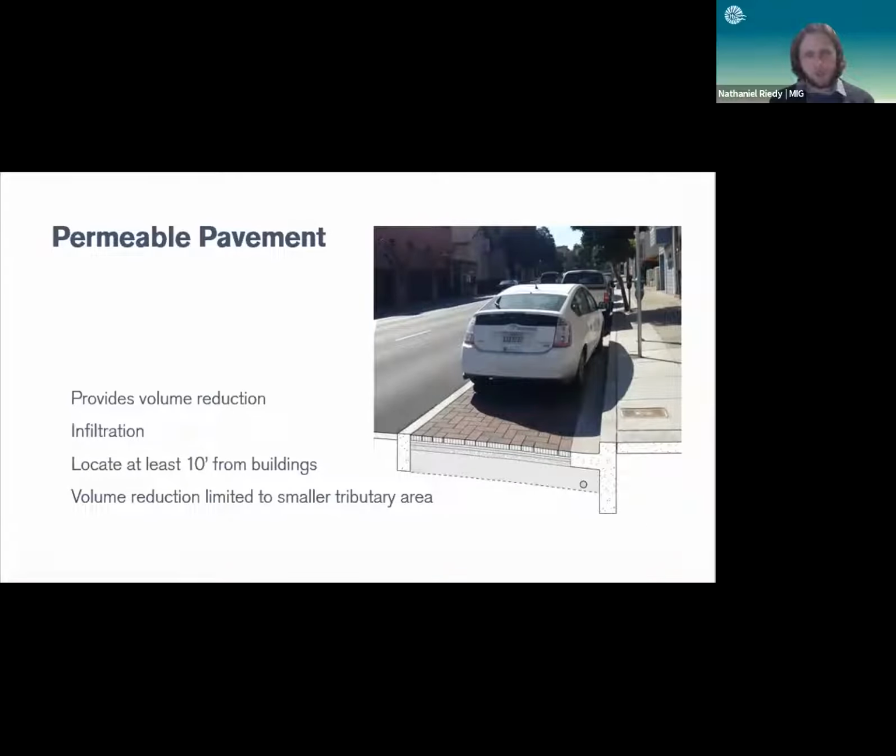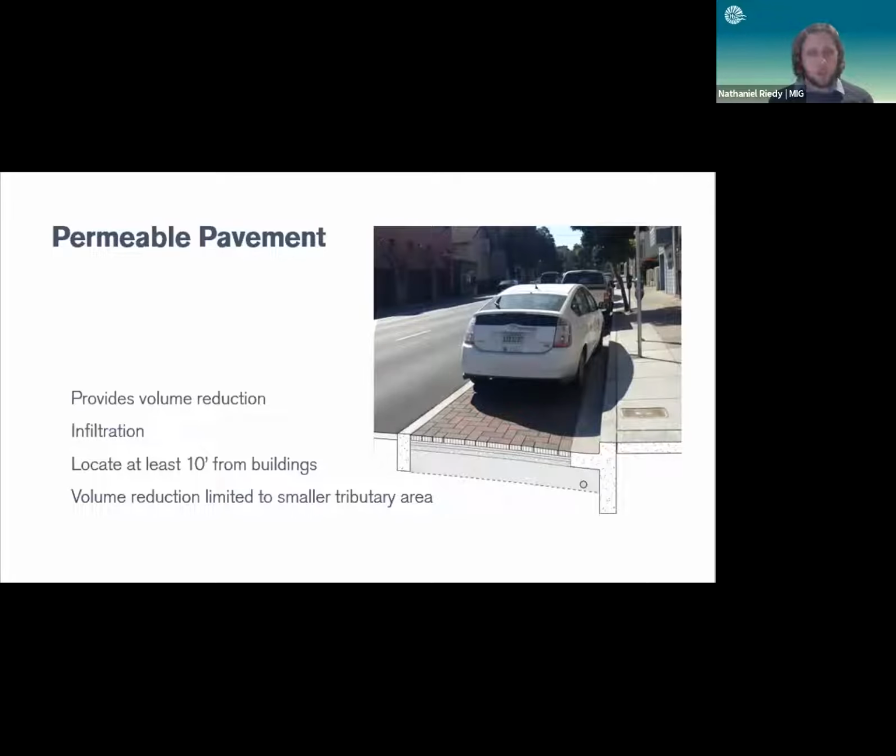So here's a representation of permeable pavement. In the installation above, the street lanes are asphalt, and then the parking lanes are a permeable paver that allows water to filter through the pavement into the soil below.